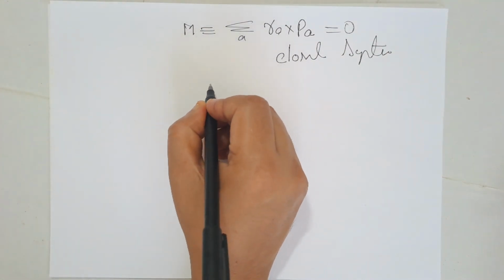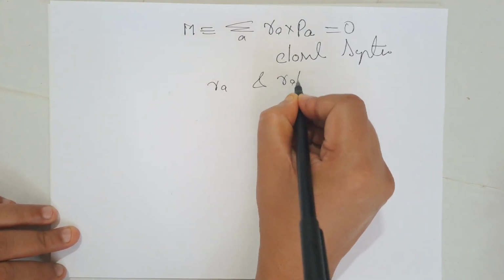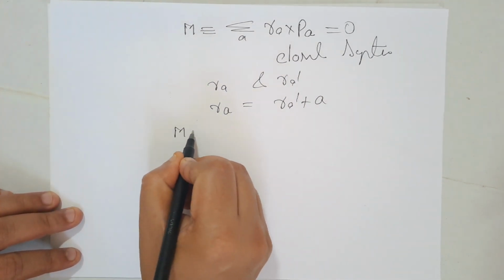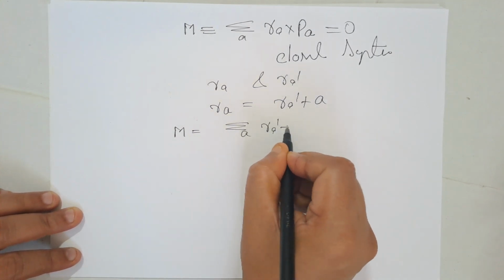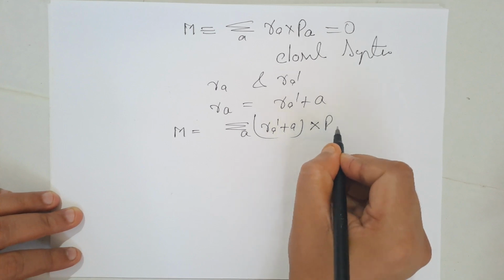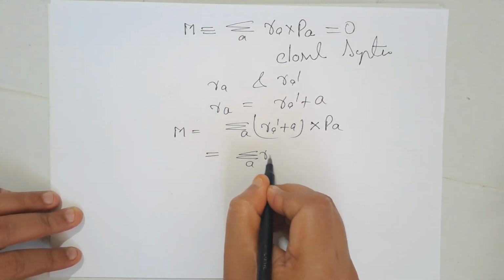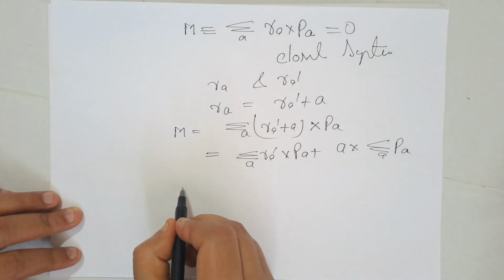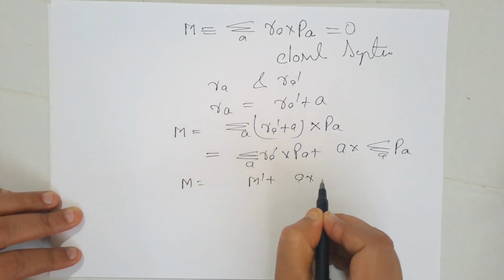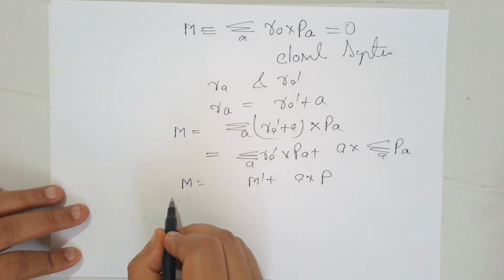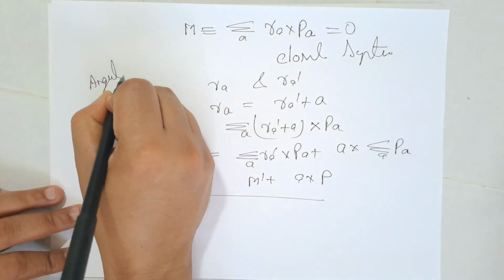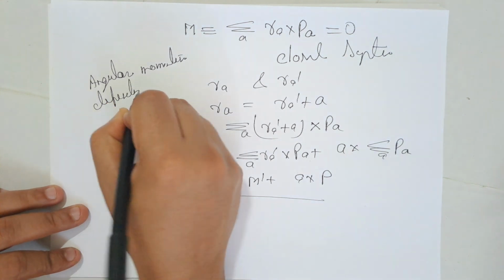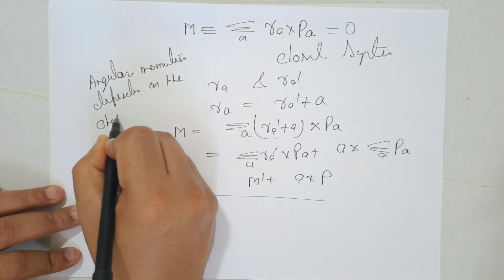If we take two different radius vectors, r_a and r_a dash, in which r_a is equal to r_a dash plus a, then we can write M is equal to the sum of r_a dash plus a cross p_a, or r_a dash cross p_a plus a cross p_a, or M is equal to M dash plus a cross P. It means angular momentum depends on the choice of the coordinate.